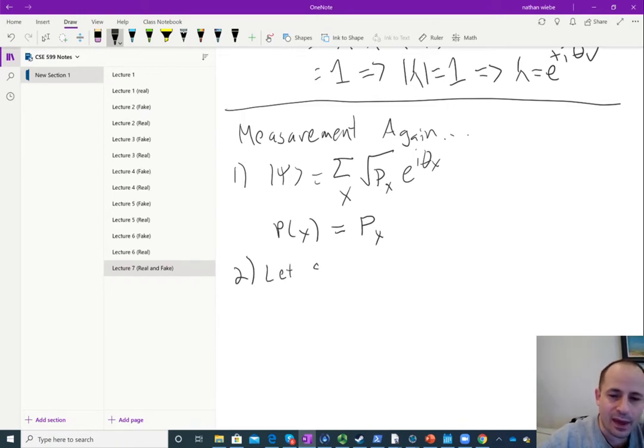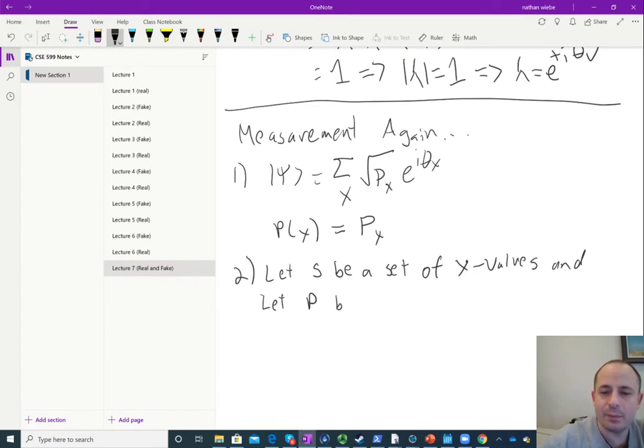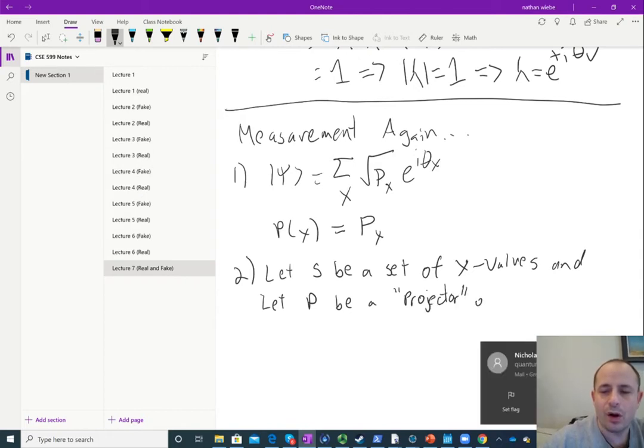Let S be a set of x values and let P be a projector onto the set.